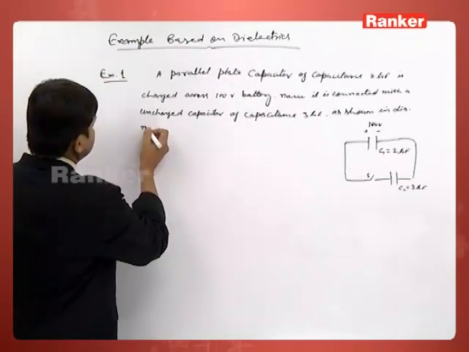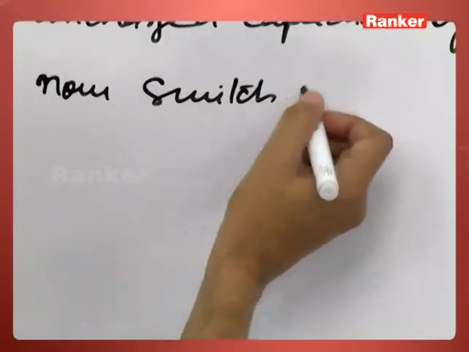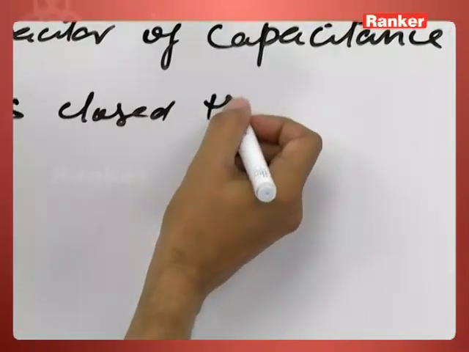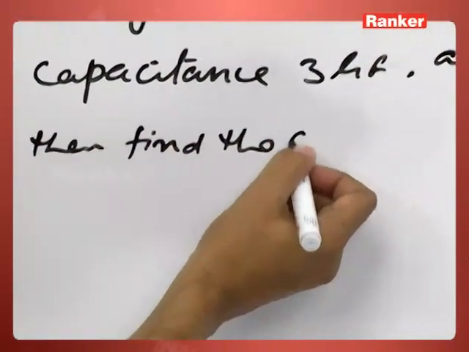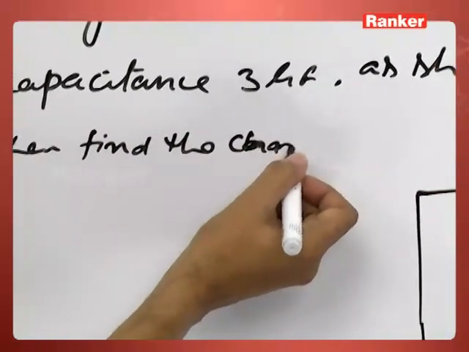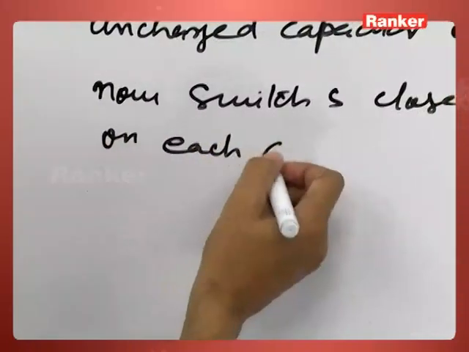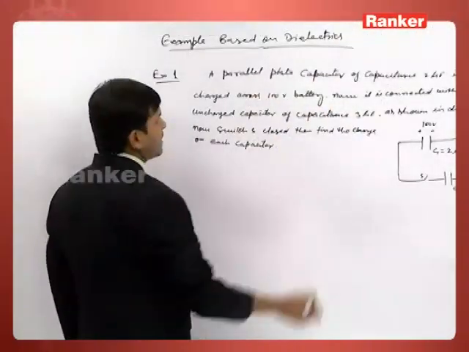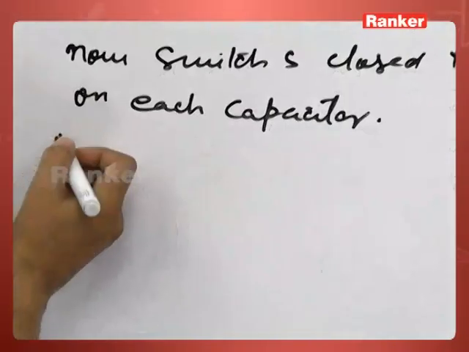Now switch S is closed, then find the charge on each capacitor. This is the first part.